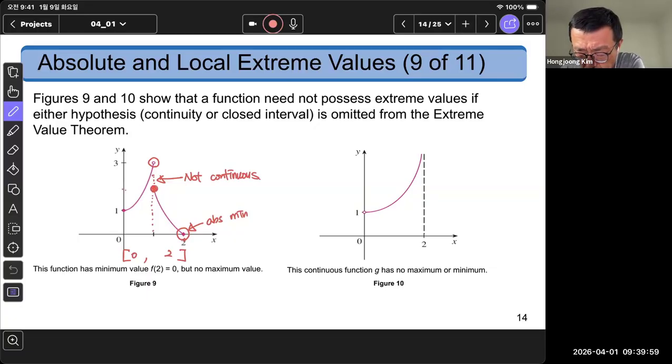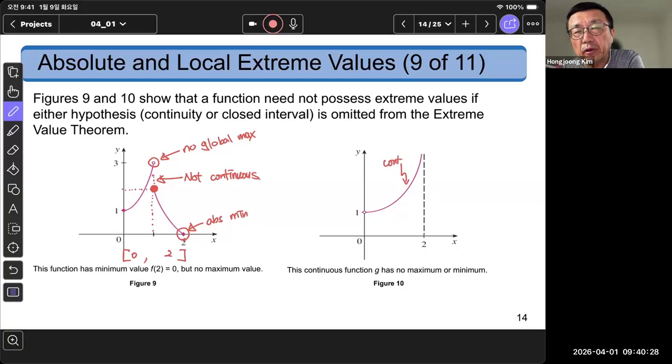We don't know the actual value though. Okay. And so the function has no global maximum.